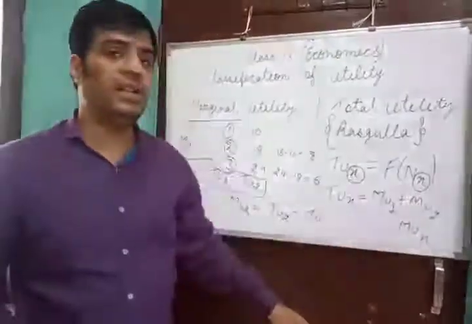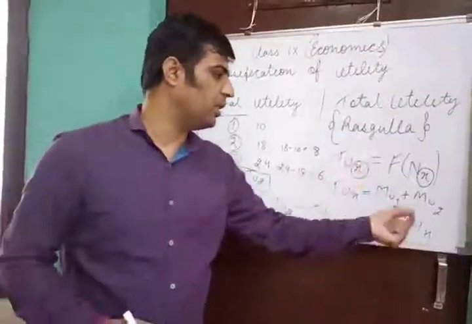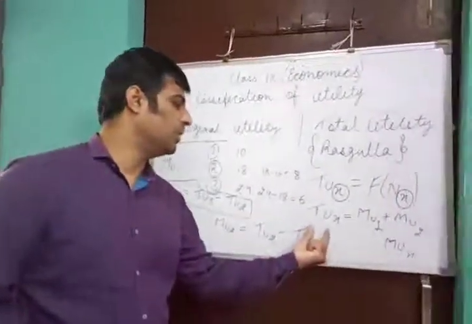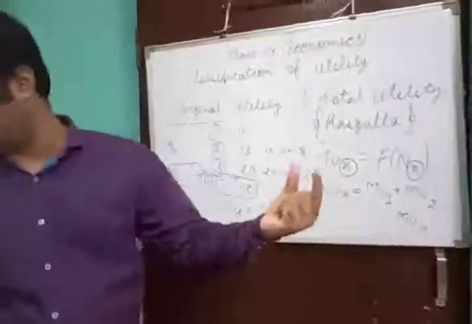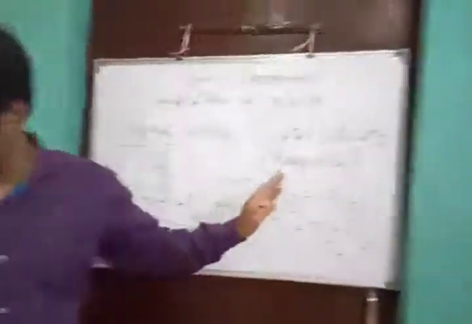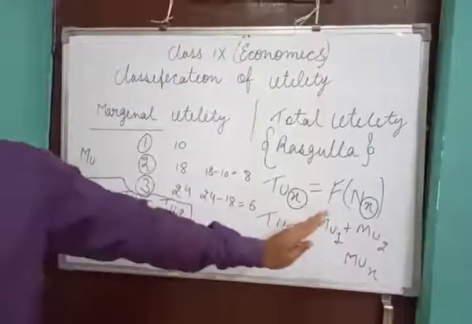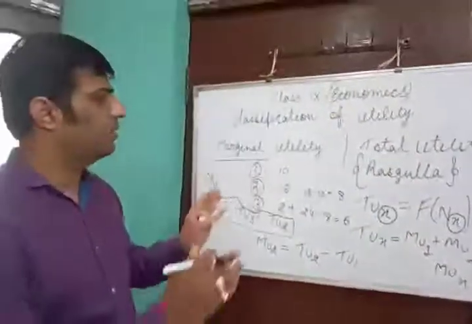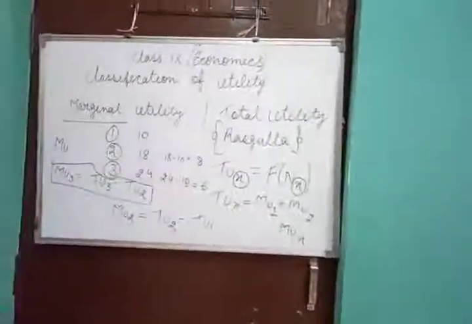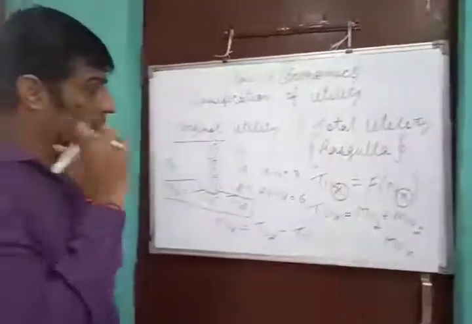The addition of the marginal utility of these 5 units will be the total utility of X commodity. So with the help of this formula you must have understood what is marginal utility and what is total utility.